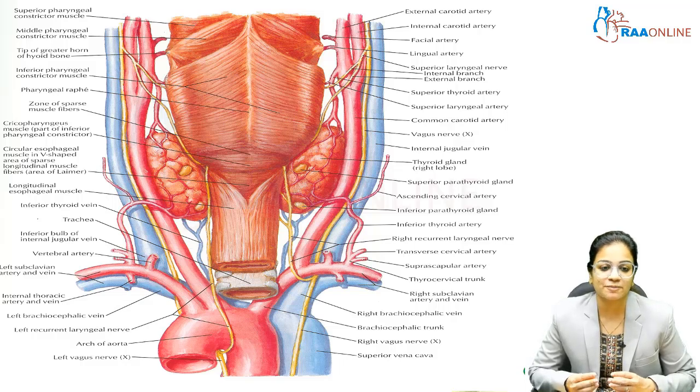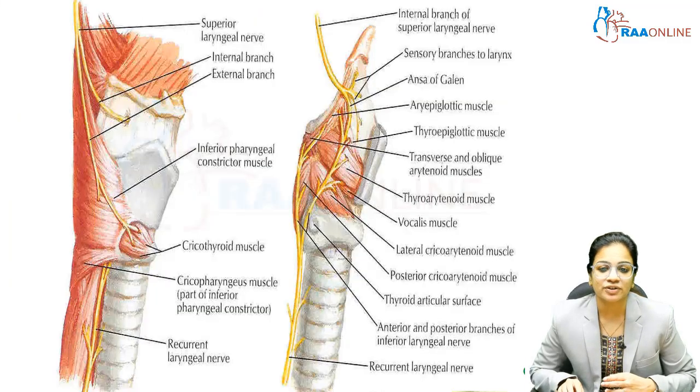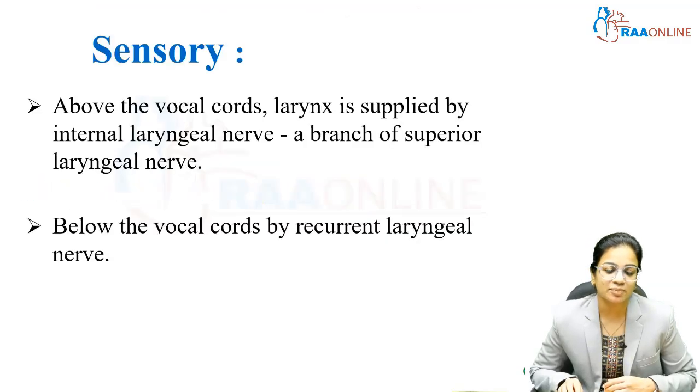If patients complain of cough on taking any food, that means the sensory supply is cut off. That means the internal branch of the superior laryngeal nerve, which in turn is a branch of the vagus, is cut. The sensory supply to the larynx above the level of the vocal cords is by the internal laryngeal nerve, which is a branch of the superior laryngeal nerve, which is again a branch of the vagus.